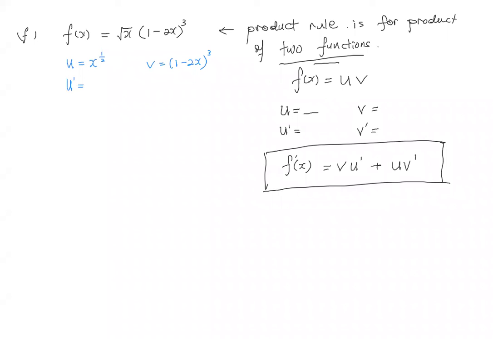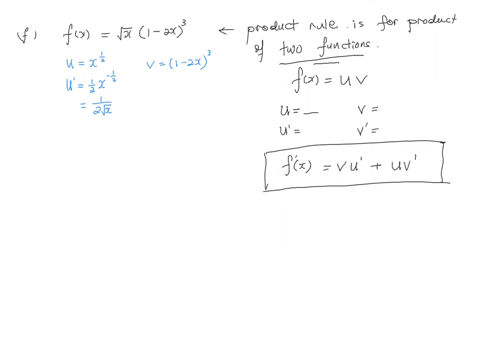Am I right? So what is the rate of change of x to the power half? Shafika. 1 over 2 x to the power negative 1 over 2. If I want, I can write it as 1 over 2 root x. If you don't want, you can leave it like that. It's fine.